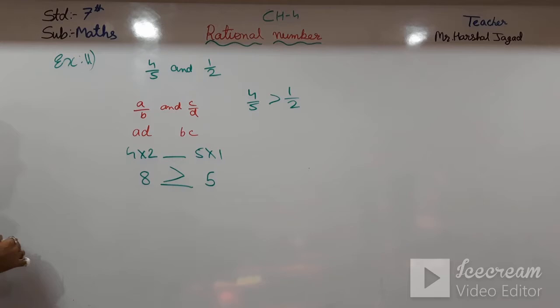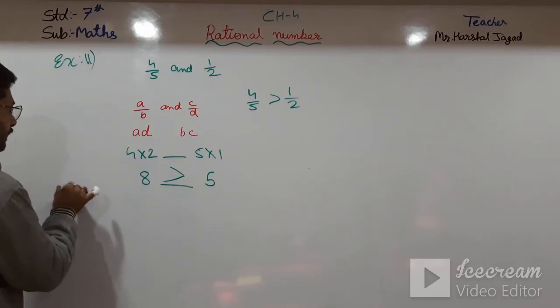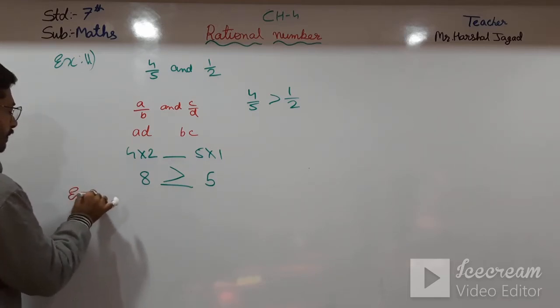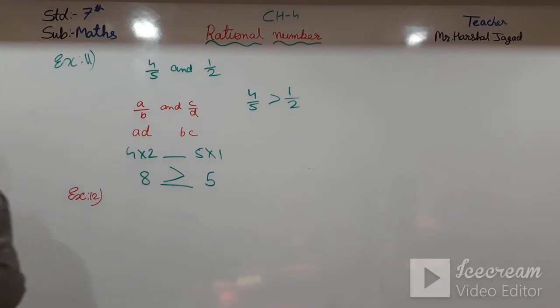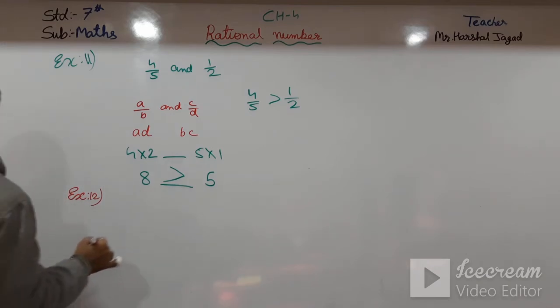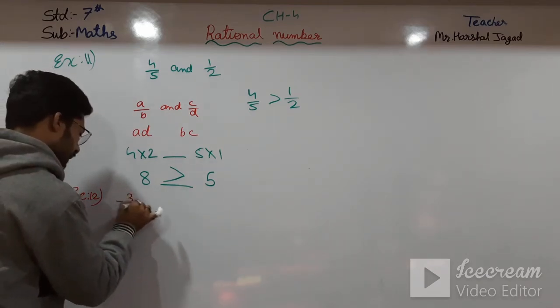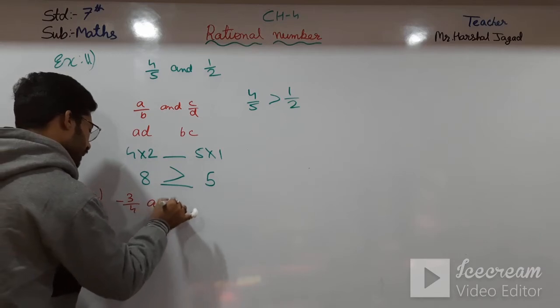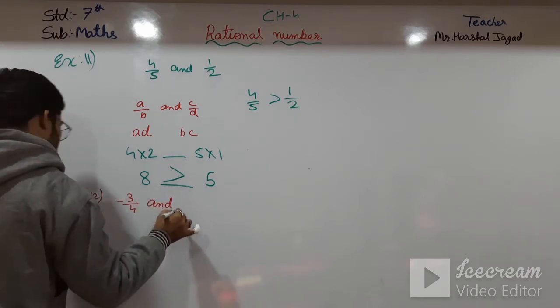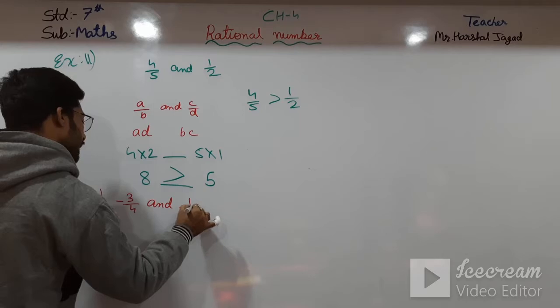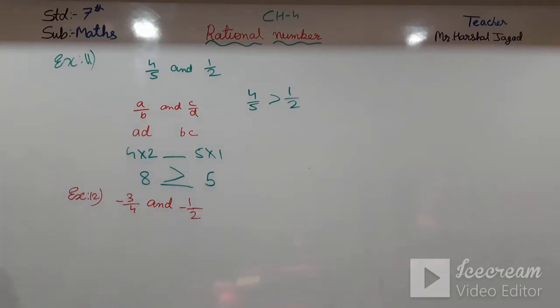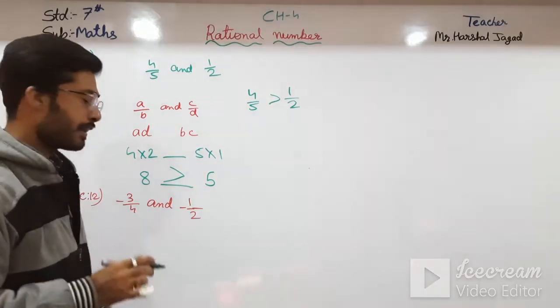Moving towards example number 12, that is minus 3 by 4 and minus 1 by 2. Let us see which of these is greater.